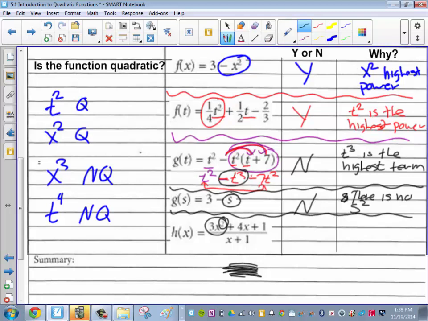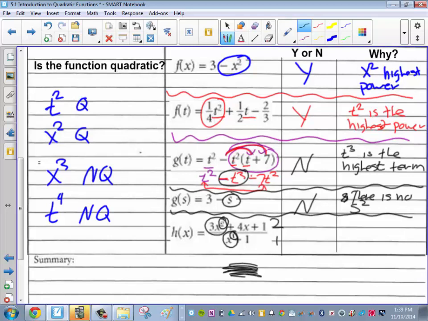And what's the highest degree term on the bottom? Well, in this situation, there's a 1 right here, so the highest degree term is 1 on the bottom. And therefore, you know that this is not a quadratic, because the degree on top, the 2, will cancel out 1 on the bottom. So really this is almost, not exactly, almost linear, but some weird stuff's going on with this.